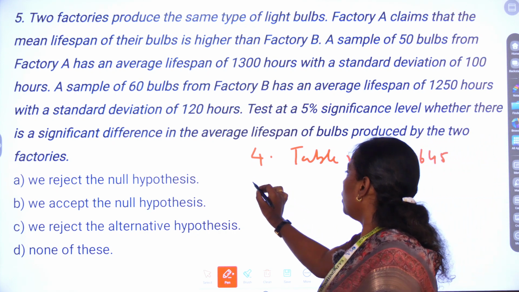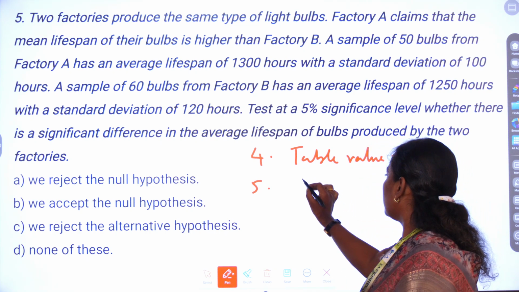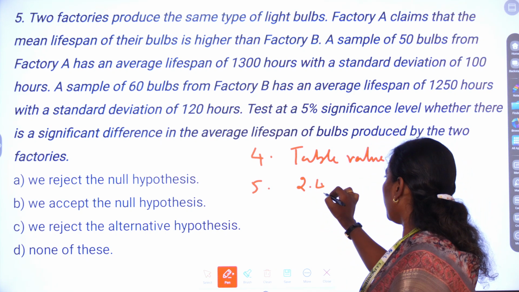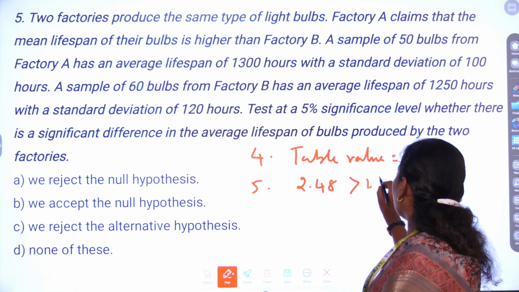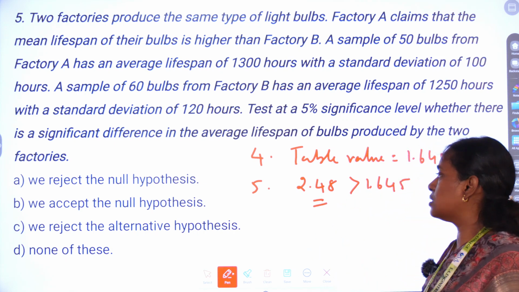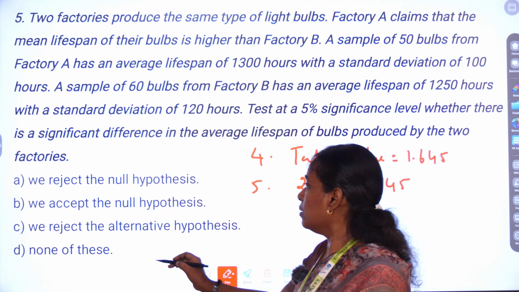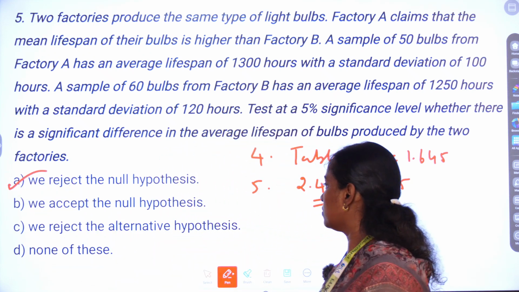Okay, so now you are going to take a decision. Your calculated value is nothing but 2.48, which is greater than 1.645. So your calculated value is greater than the table value, which means that you are rejecting your null hypothesis.